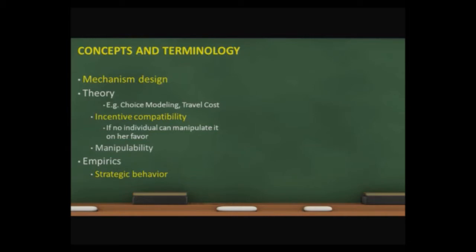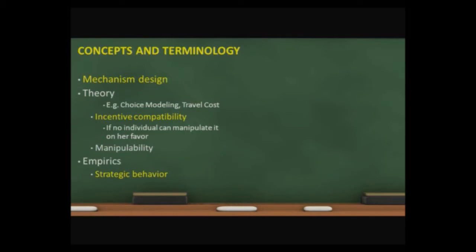If it's manipulable in theory, then we still have to see whether in practice people behave strategically or not, which are two different things. One is theory, and the other is whether this is relevant in practice. That's what we'll try to see today: when in theory something is manipulable, whether in practice people manipulate or not.